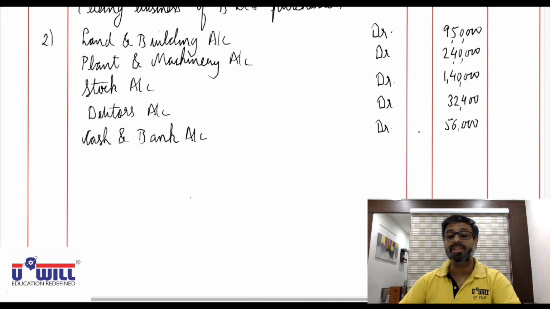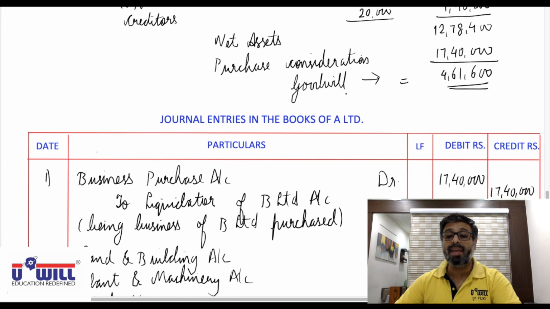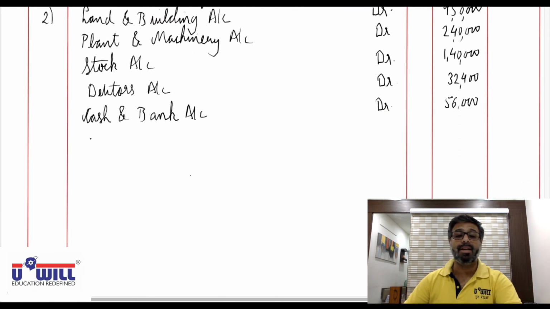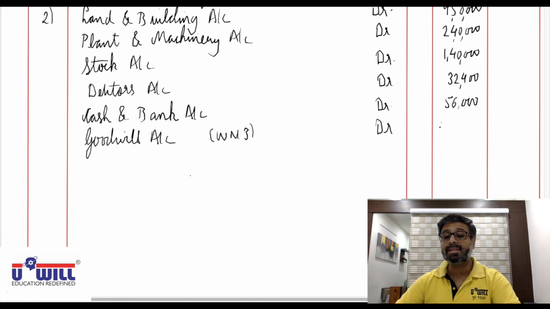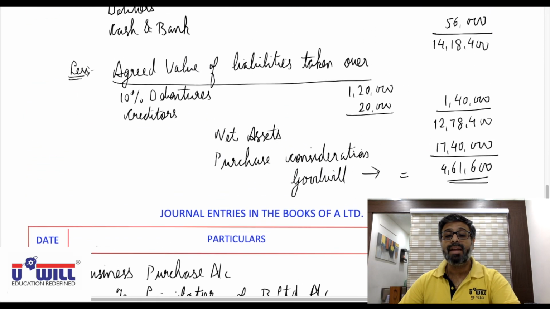Then after cash and bank account debit, goodwill account debit 4,61,600. Don't forget that. Goodwill account debit in bracket working note 3, 4,61,600.